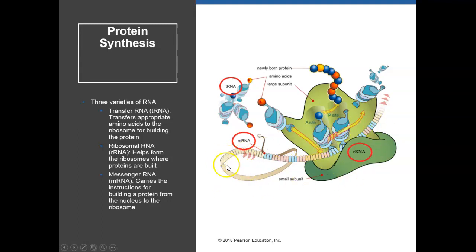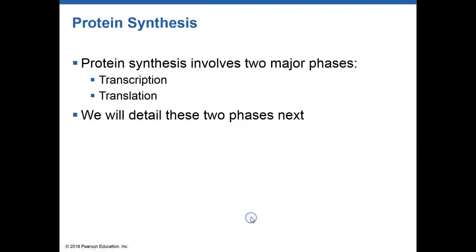Actually, all of these can be produced, but this is the one we typically talk about, mRNA, which carries the information of DNA in an RNA form. And then tRNA, transfer RNA, is what carries amino acids to the ribosome when you are producing proteins.